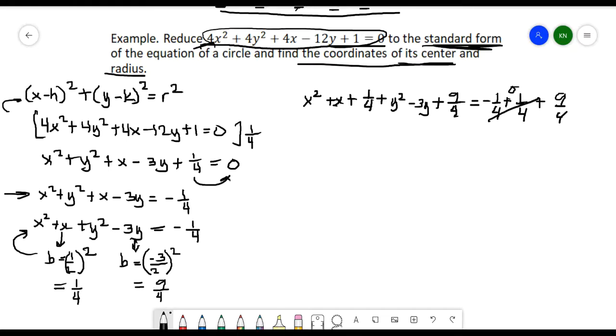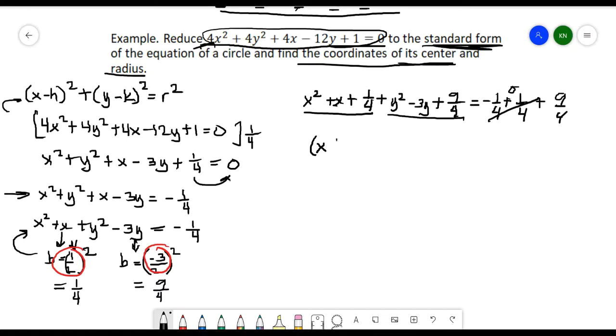So from this, we need to find the factors of each of these. So we have x, and from this one you have 1/2 and you have negative 3/2 here. That's the factor of your equation.